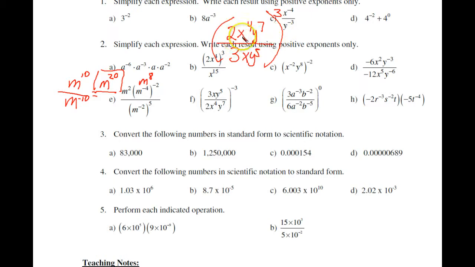So, can we cancel anything out in here? And the answer is yes. So let's simplify within the parenthesis. Now we still get 2/3. We can't do anything with that. But the x and the x to the 4th becomes x to the 3rd. And the y to the 5th and y to the 7th becomes y to the 2nd, subtracting 5 from 7. And now this is all to the 3rd.